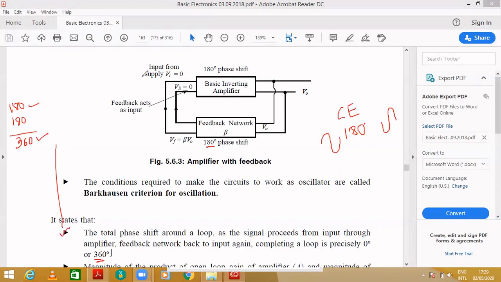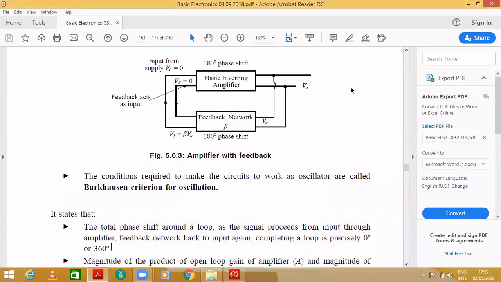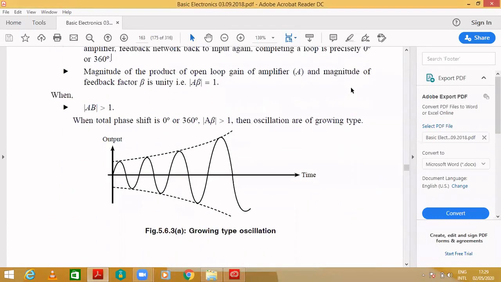The next statement is A beta equal to 1. Whenever you multiply this, it should be equal to unity. This is the property of any circuit to act as an oscillator.